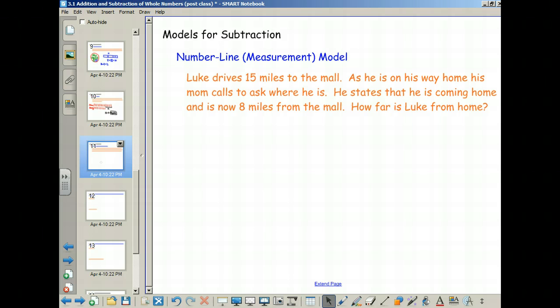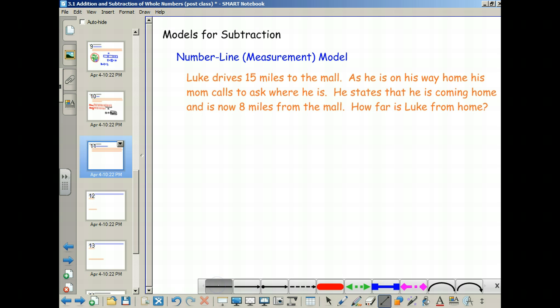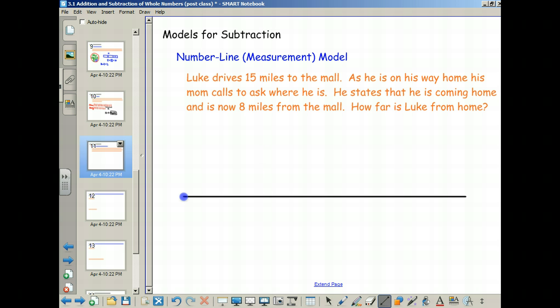All right, so we've got Luke, and Luke drives 15 miles to the mall. As he's on his way home, his mom calls to ask where he is. He states that he's coming home, and he's now 8 miles from the mall. How far is Luke from home? Okay, so let me draw you a picture of what's going on here. So the picture is a number line picture. So we've got this, and it starts with him being at home, and it's 0.